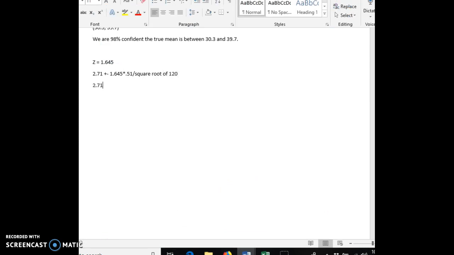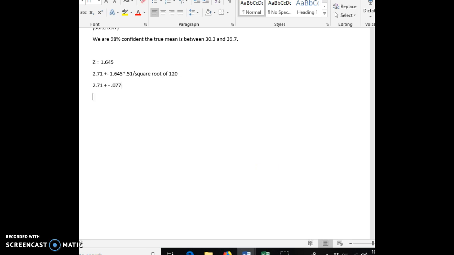Again, as I did with the last example, I'm going to do the entire right side after the plus and minus in my calculator. So I'm going to put in 1.645 times 0.51 divided by the square root of 120 into my calculator. That ends up giving me 0.077 if I round to 3 decimal places.